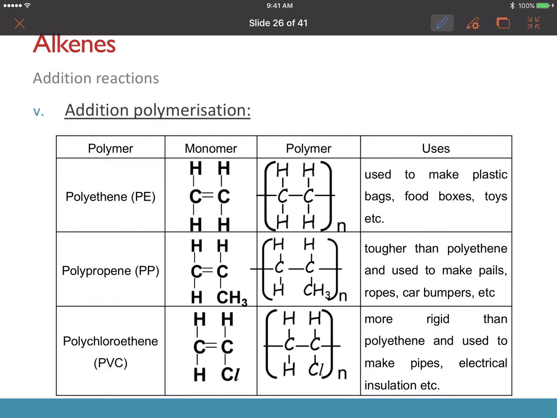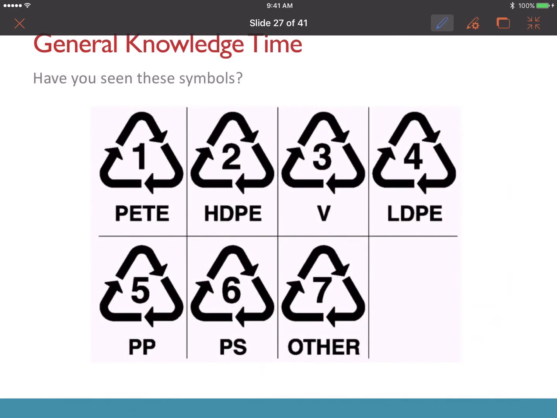Polyethylene is used very commonly in our household items like plastic bags and food boxes. Polypropylene is also very common. PVC, I think you've heard of it before, polychloroethene. So why is it called polychloroethene? Because there's one chlorine atom here. It's more rigid than polyethylene and is used to make pipes. I think you have heard of PVC pipes before.